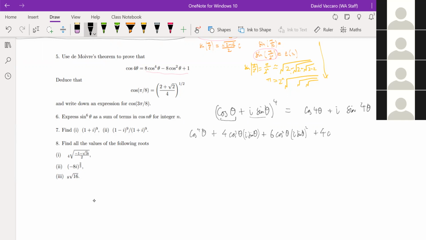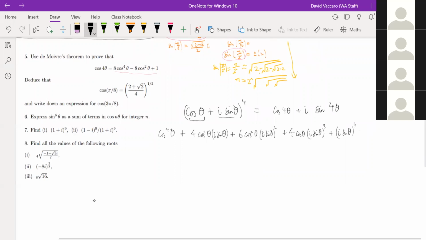Then we've got 4 cos theta and i sine theta all cubed. And then we've got i sine theta to the 4. And this is equal to cos 4 theta plus i sine 4 theta.